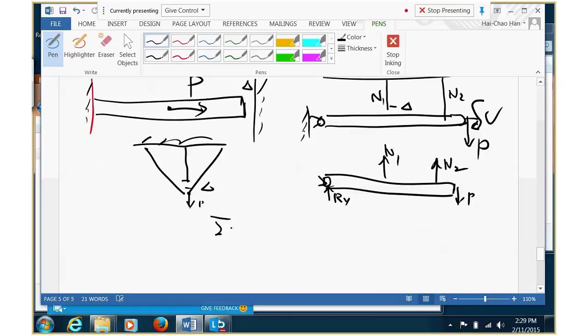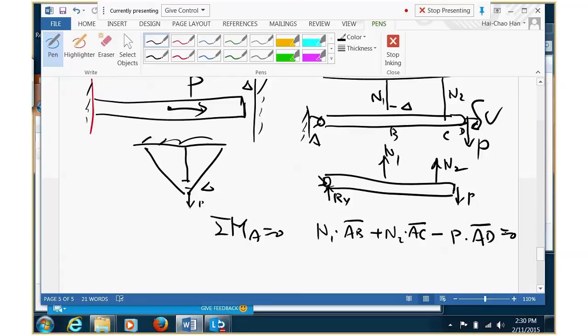Sigma moment about point A equals 0. Where's A? Here. So this is point B, this is point C, and this is point D. So you're going to have N1 times this distance AB, plus N2 times AC, minus P times AD equals 0.